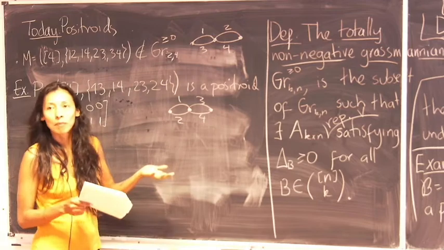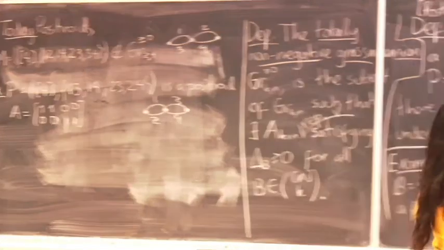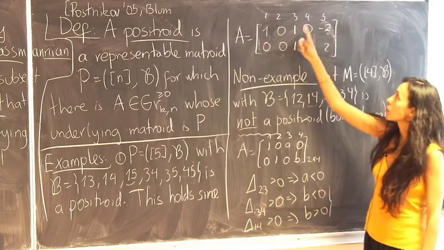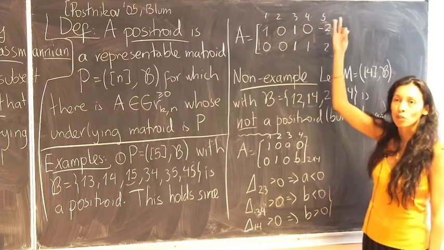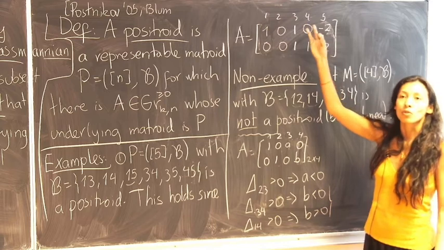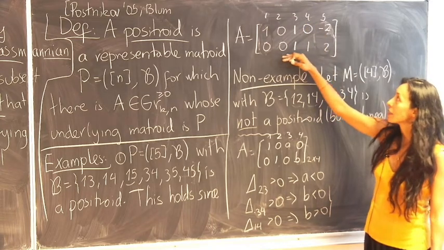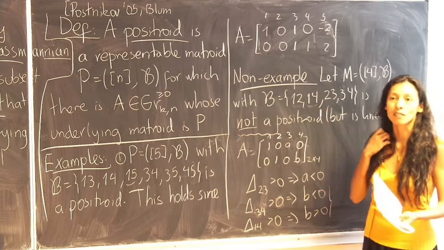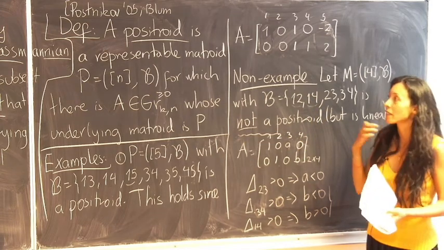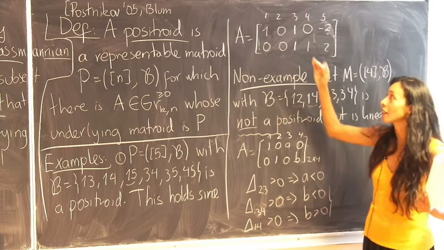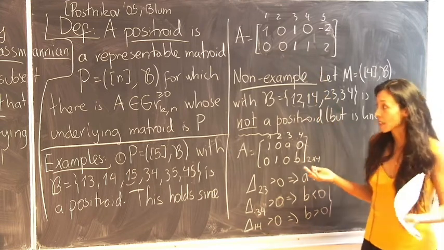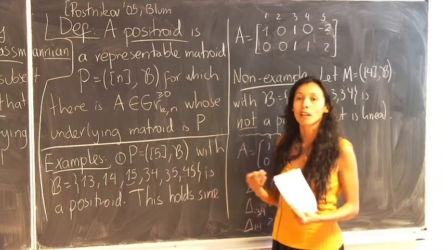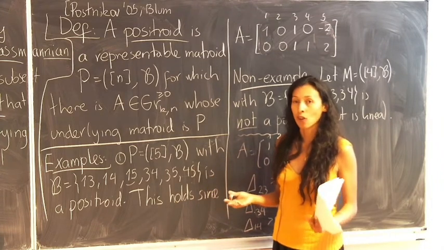If you have a matrix like the ones we have here, if you were to play with the columns around and switch places, you are going to have a matrix that is basically the one you started with originally, just stuff has been relabeled, but still a matrix. It's still a linear matrix. With positroids, that cannot be done. So basically, positroids are not closed under arbitrary reordering of the ground set.